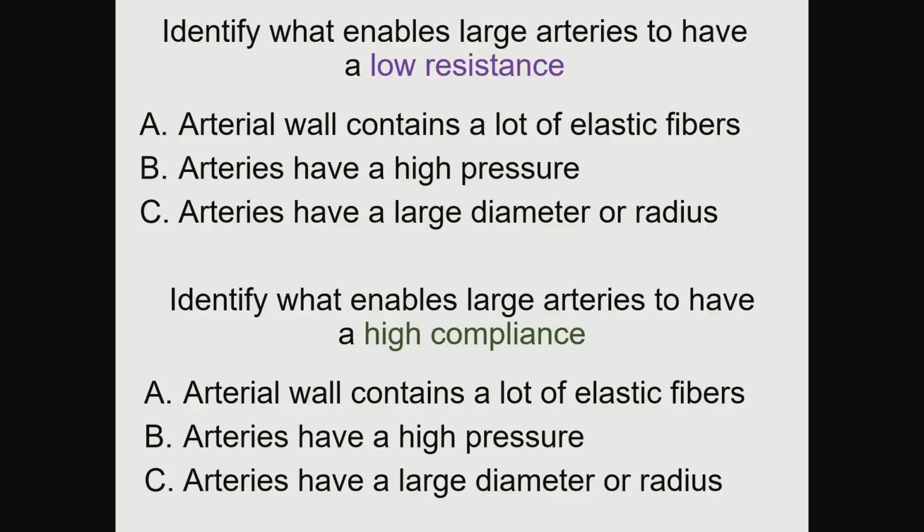Okay. So now, I hope you haven't forgotten this, because we just talked about arteries and their resistance and their compliance, okay? But what enables large arteries to have a low resistance and a high compliance?